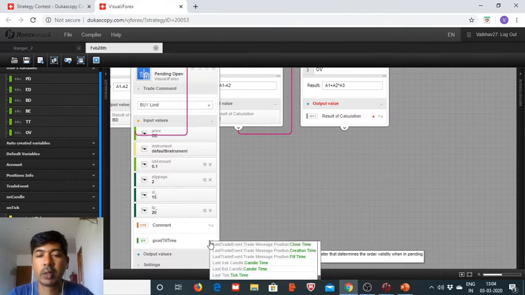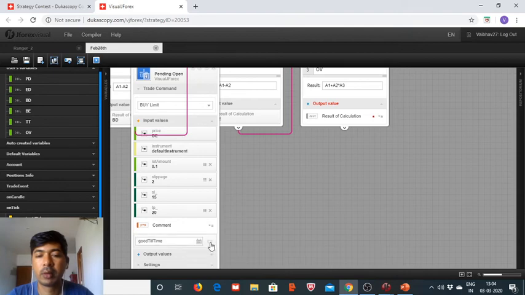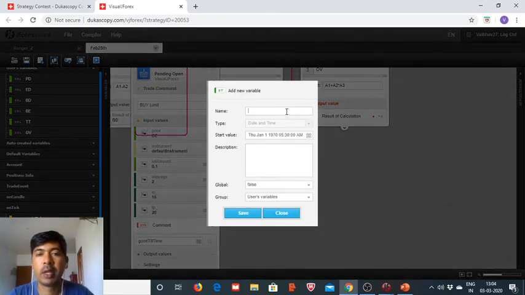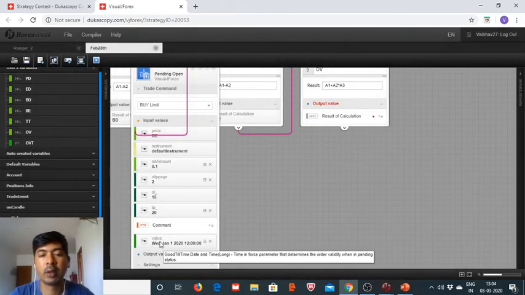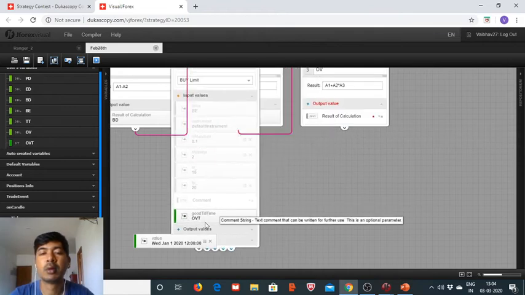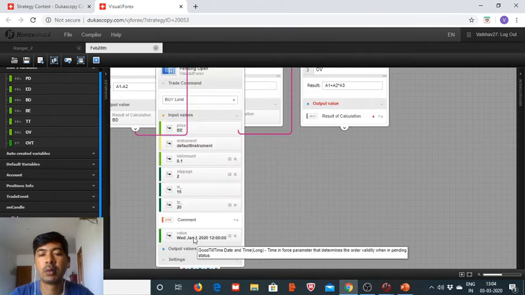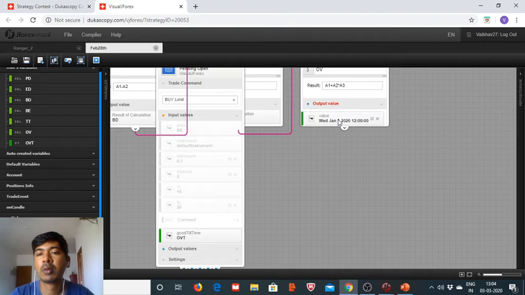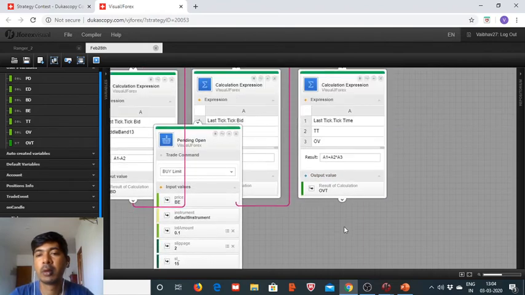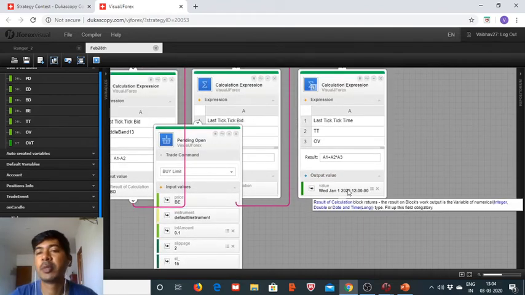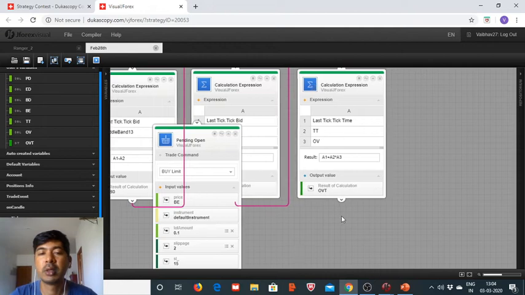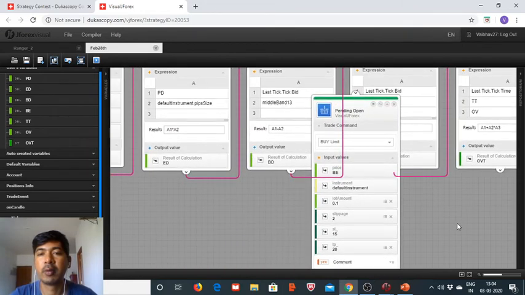We have to create this variable here. We will name it order validity time, OVT, and we will put it in here. This is the result of this calculation, and it will be our order validity.